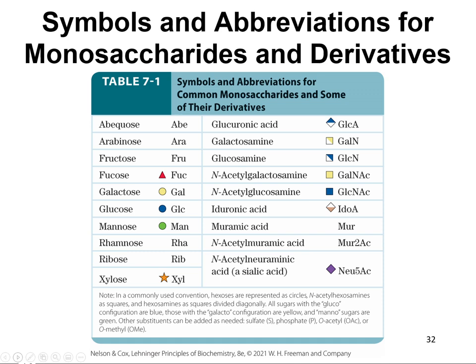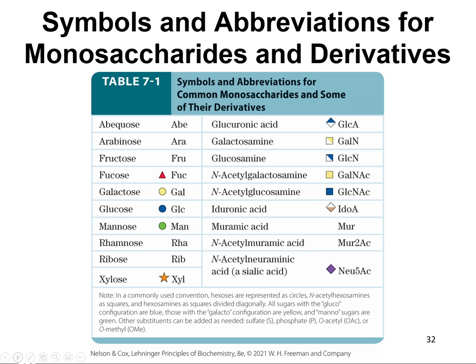As you go through your textbook, you're going to see a lot of different symbols and abbreviations for monosaccharides and their derivatives. You don't need to know these, but this is for your information when you're looking at proteins or enzymes that are decorated with sugars, particularly ones in the membrane or extracellular proteins. They're going to be decorated with all types of sugars.